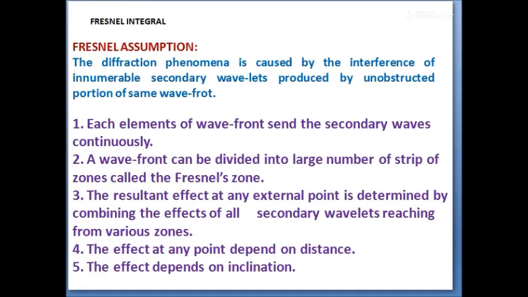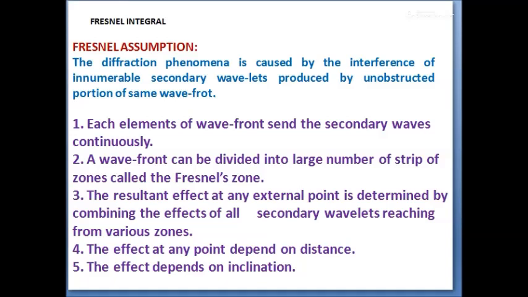The approximation I have already discussed, that the diffraction phenomenon is basically the interference of different numbers of secondary wavelets that are produced by each and every point of the obstacle. The wavefront which is generated as secondary wavelet can be divided into a large number of strips.